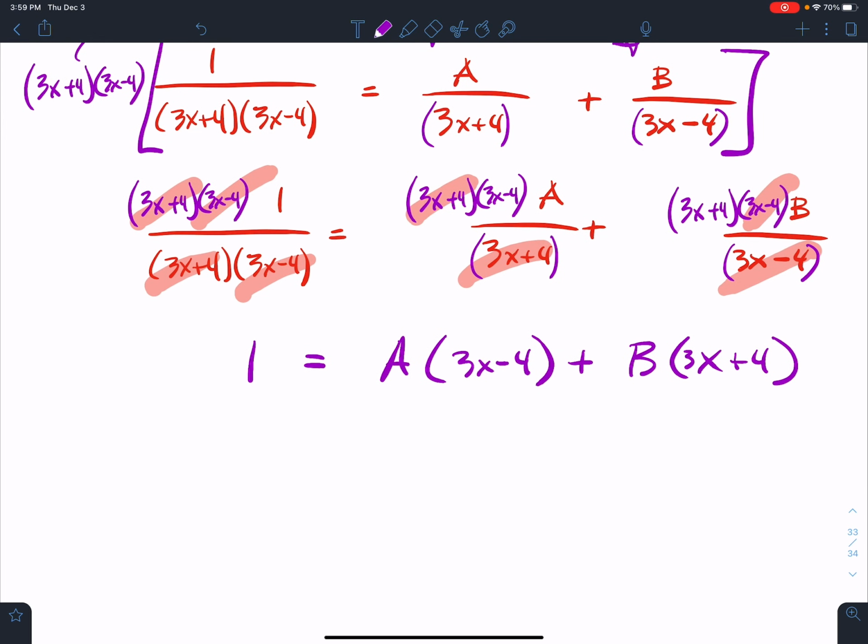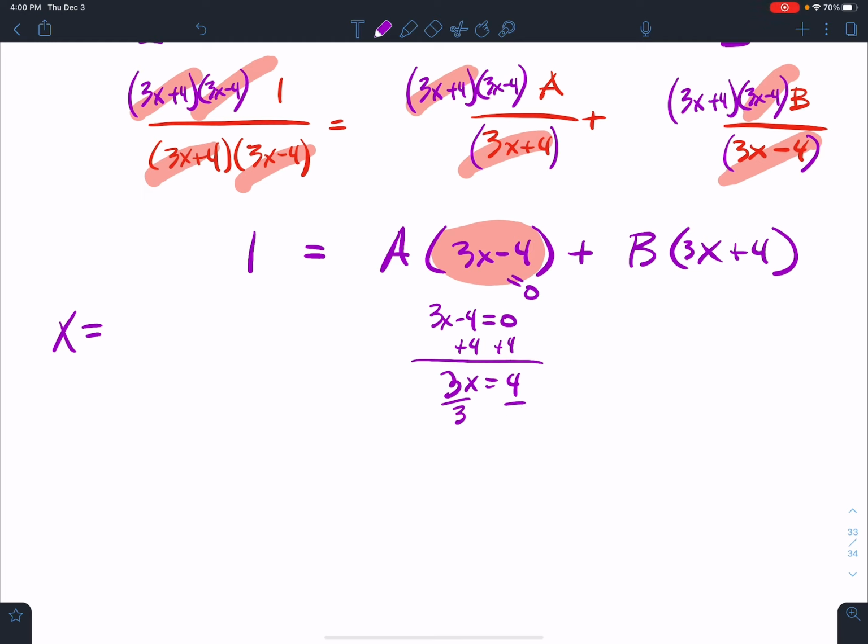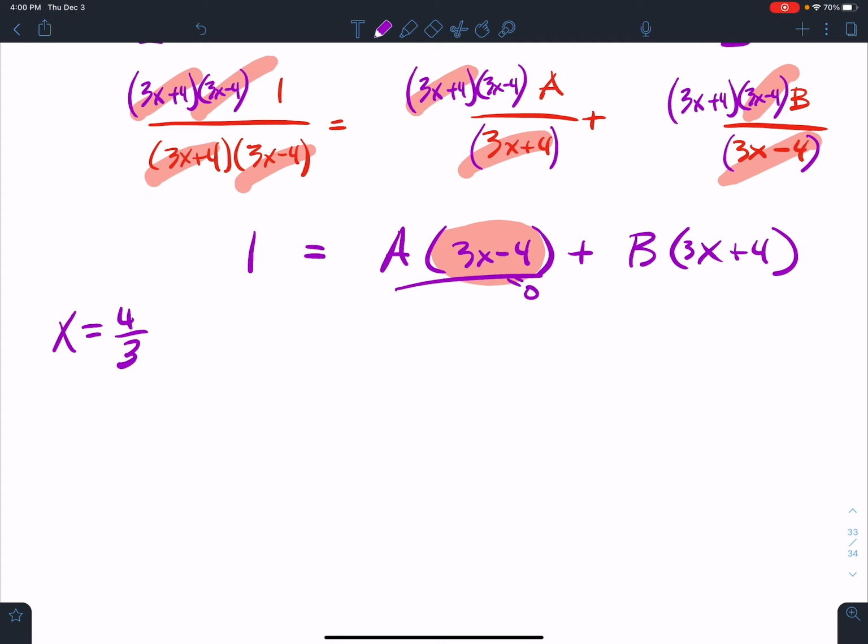Okay, so at this point we can multiply it out, or we can plug in x values that cleverly work. I'm just going to plug in values. What would make this term go away? Well, 3x minus 4 equals 0 when x is equal to 4 over 3. So 4 over 3 makes this term go away, and that's what we're trying to do.